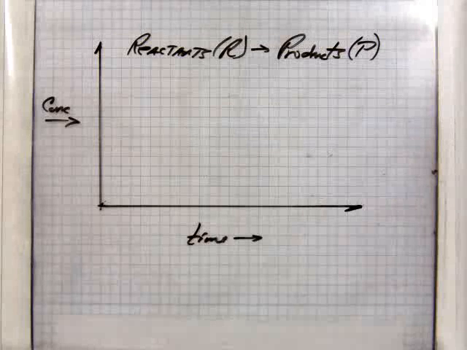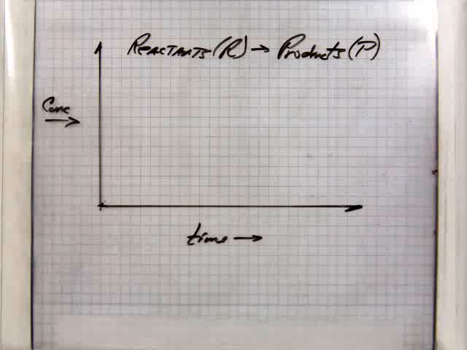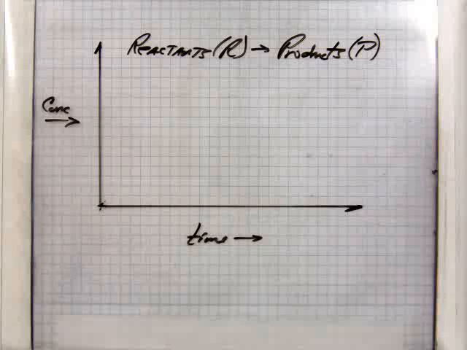Looking at this graph, consider the hypothetical reactants going to products. We want to draw some conclusions about the behavior of that reaction. The way I want you to think of this is like a horse race. At a point in time, the reaction has not started.